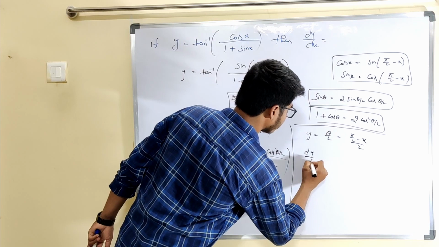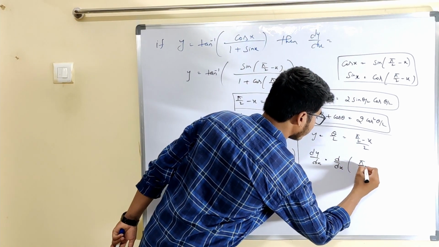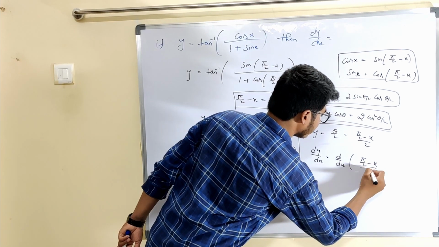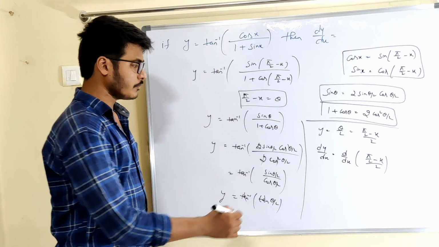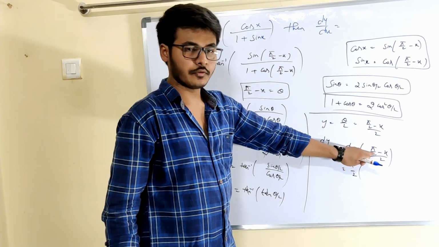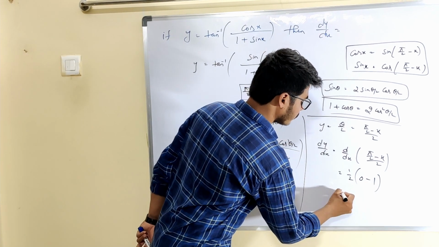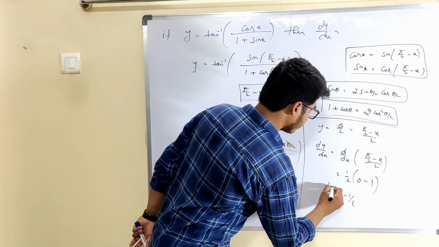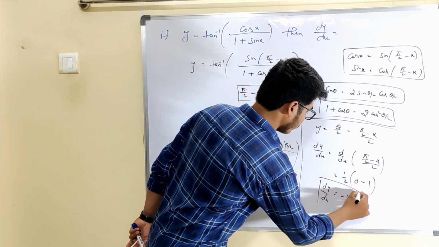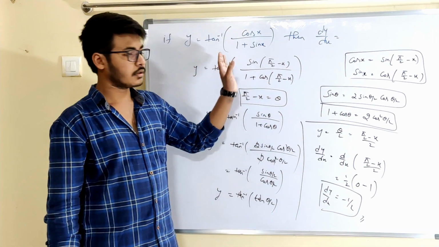So dy by dx is equal to d by dx of (pi by 2 minus x) divided by 2. So 1 by 2 into d by dx of constant is 0 and d by dx of x is 1. So dy by dx is equal to minus 1 by 2. This is the solution for our given question.